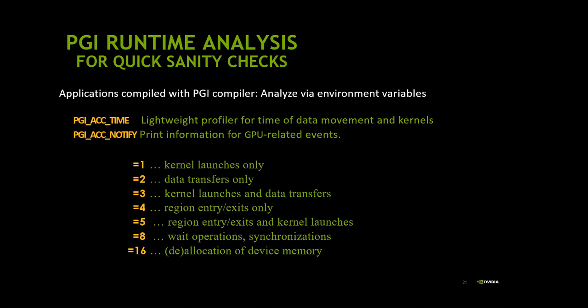Setting PGI_ACC_TIME equal to 1, you will have a report about where you are spending time in the parallel sections, and also how much time you are spending in data movement. So this is maybe the first profiling tool you could start with.